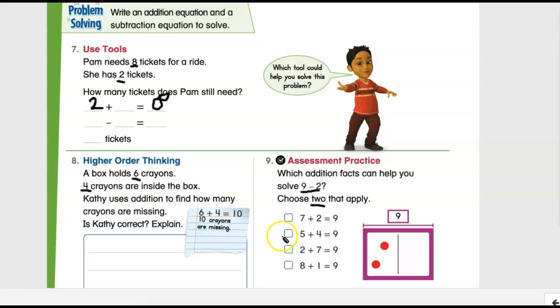Which of these addition facts can help us find 9 minus 2? Be sure to look at your example over here where it says your total is 9 and you have 2 counters so far. And you will select 2 answers that apply. Once you have finished answering all of the questions, you are all done with your math assignment for the day.